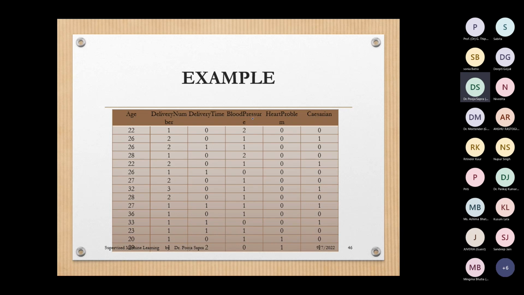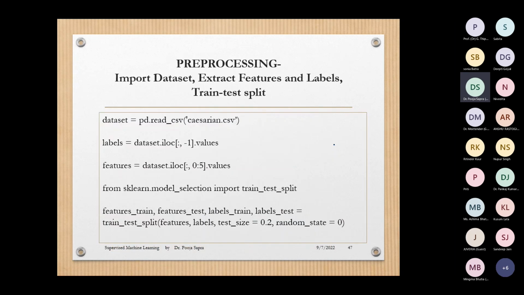So with all these features, it is required to predict whether the delivery is going to be cesarean or not, right? Whether it would be a C-section or not, right? So for this data, because the answer is 0 or 1, we are required to have that classification, right? Now, which algorithm? Again, we can have logistic regression also. The other algorithm we are considering now is K nearest neighbor, right?